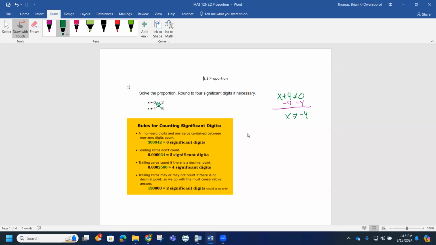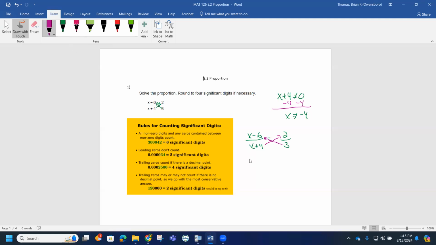So as we solve this problem, really what we're looking for is what makes the top a 2 and what makes the bottom a 3. If you can figure that out, you've got the solution as well. But you can also use cross multiplication to help manipulate this.